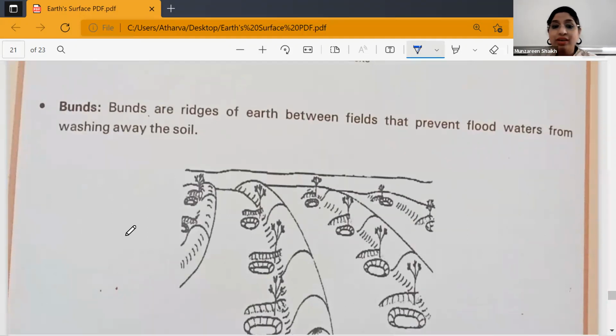You might definitely get a question: explain the methods of soil conservation. You will always see how many marks that particular question is carrying. If it is for 7 marks, you have to write all these 7 points along with the subheadings in your exams.